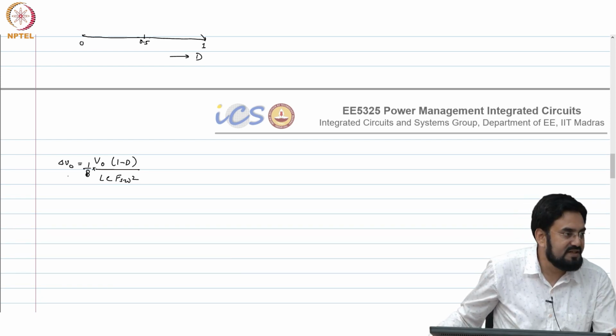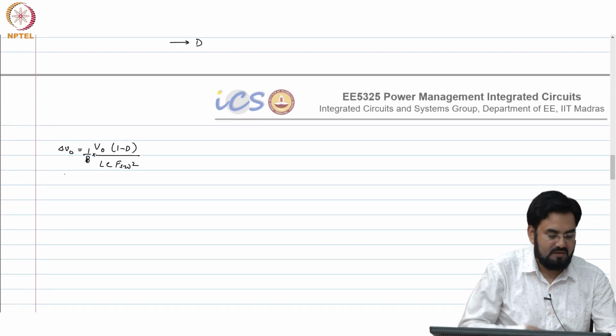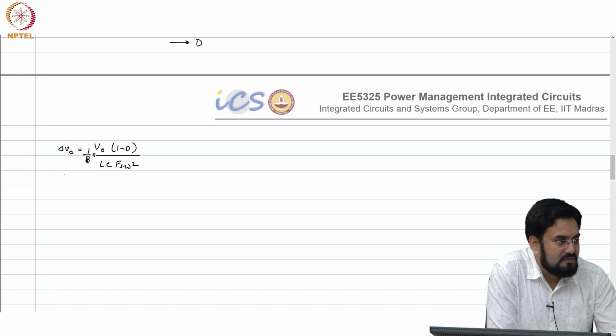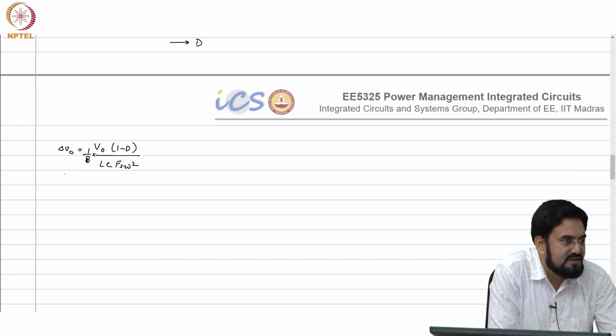V out is constant, V in is changing. So, what will happen to the duty cycle? Same as previously. No, the D product is missing from here. V out is constant. When V in is increasing, what will happen? D will decrease. So, delta V out will increase. Correct.